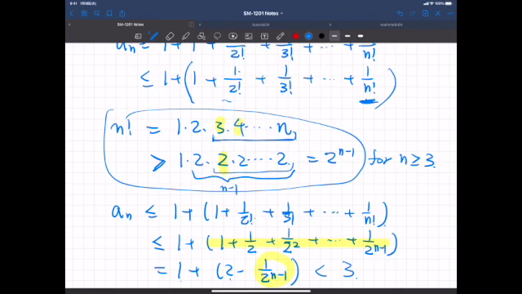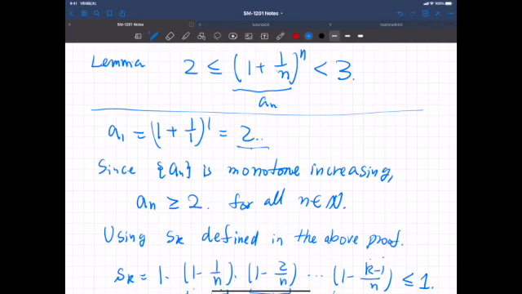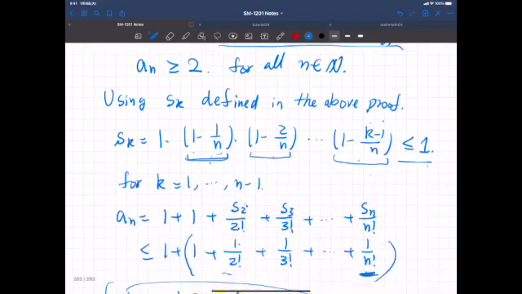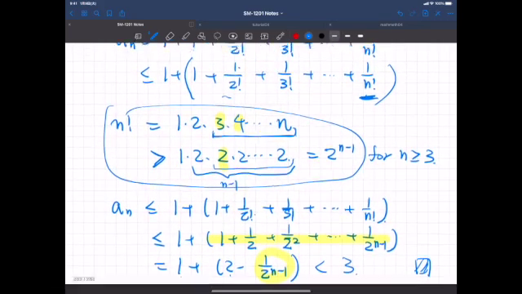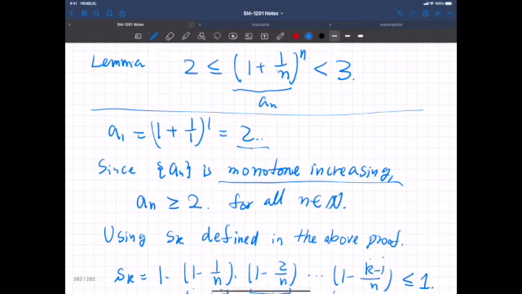That was to be proved. So the first term is 2, and second, the sequence is monotone increasing, and last, any term a_n is less than 3. So therefore, for all natural numbers n, a_n is between 2 and 3, including 2, not including 3.